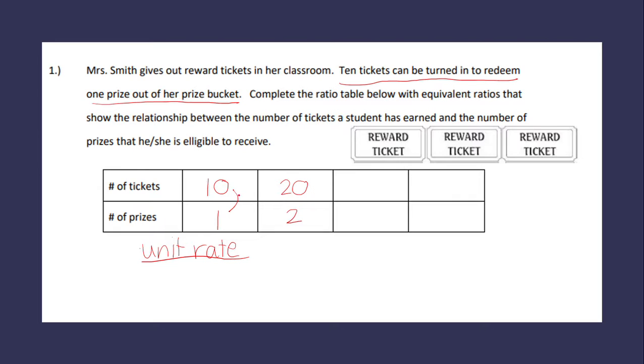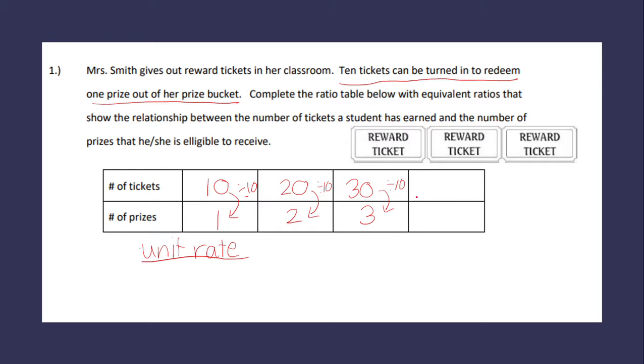We're basically dividing by 10. So to get from here to here, we're dividing by 10. To get from 20 to 2 every time, we're dividing by 10. And so if we had 30 tickets to figure out the number of prizes, we would just continue that pattern of dividing by 10, which 30 divided by 10 is 3.